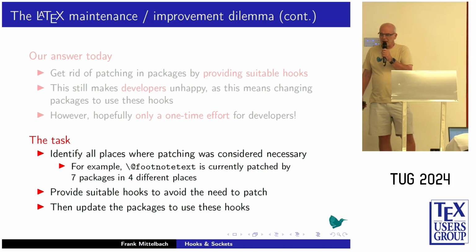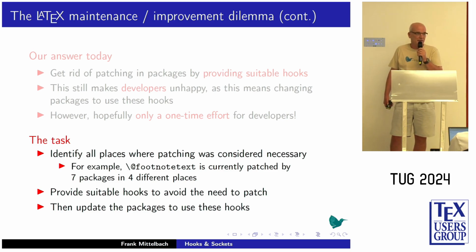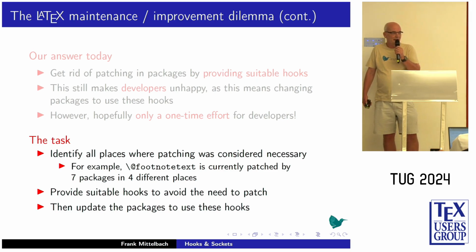Just to give an example here, the internal command @footnote text is currently being patched by 7 packages in 4 different places. You can imagine how well those packages work together. They could work together, some of them, but they don't, simply because they are always just overriding the command.